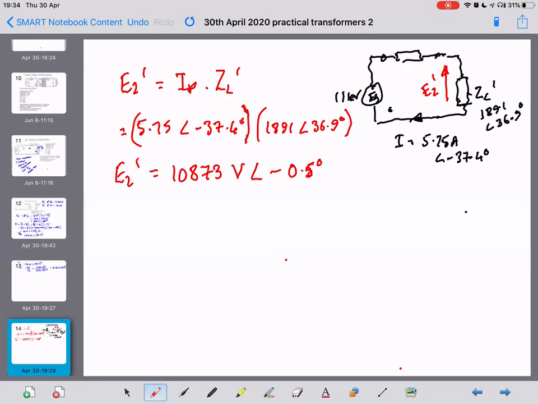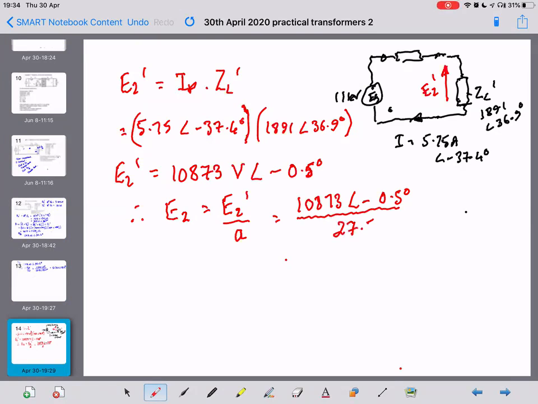So we can now convert back to its own side. E2 is E2 dash divided by A. That's 10873 angle minus 0.5 degrees divided by 27.5.